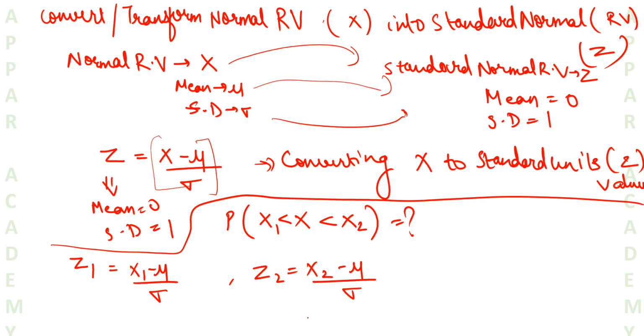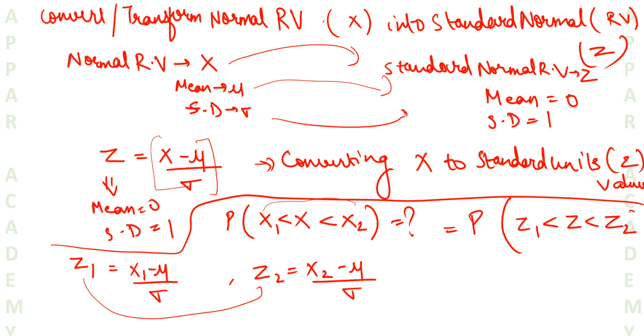So for all the values of x falling between x1 and x2, we will have some specific z1 and z2, and those z values will also lie between z1 and z2, right? If we have x1 with corresponding z1, and x2 with corresponding z2, and we are trying to find the probability between x1 and x2, we can simply say that this is equal to the probability that z lies between z1 and z2.